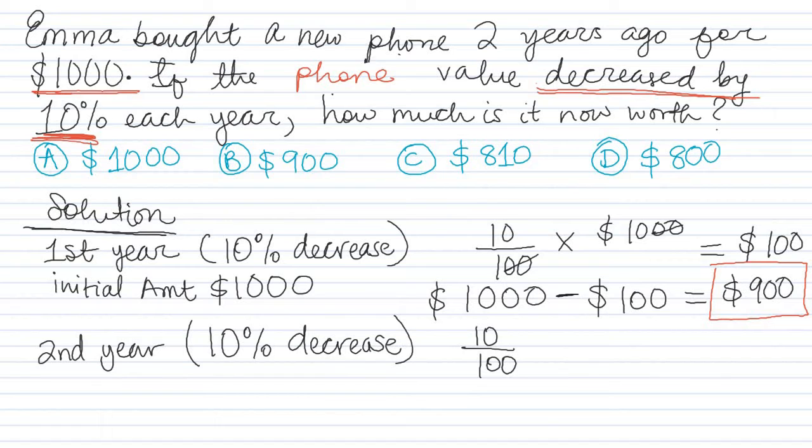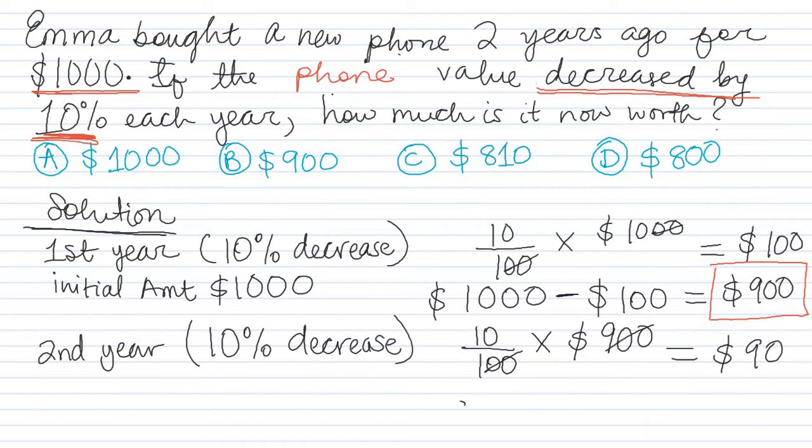We got that to be 900. So we're working with 10% of the current amount after the first year, 900, and we solve that and we end up with $90. So that means it was decreased by $90 after the second year, but that is not our actual value.